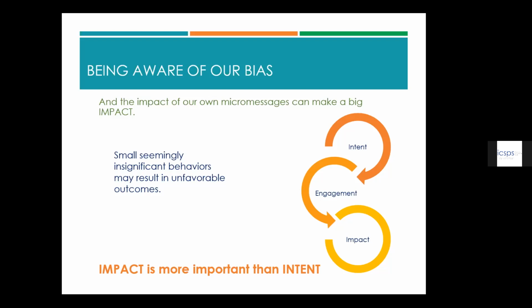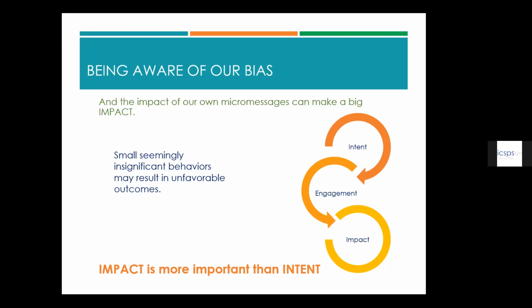But the second thing that I want you to take away from all of this is the impact of our own micro messages can make a big impact on our students. And so we use that term micro messaging, and that's the term that a lot of the literature use. But I really want to argue that there is nothing micro about the messages that we're sending. If you are saying, where'd you get your hair cut? And meaning that it is like, oh my gosh, I cannot believe you did that to yourself. That has an impact.